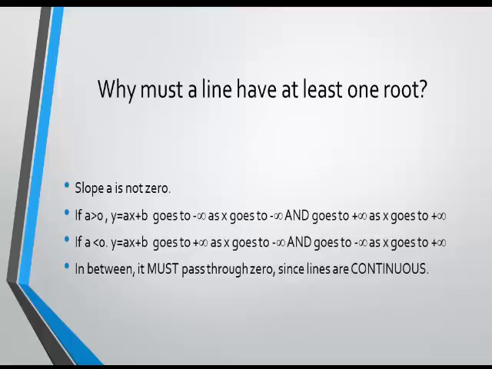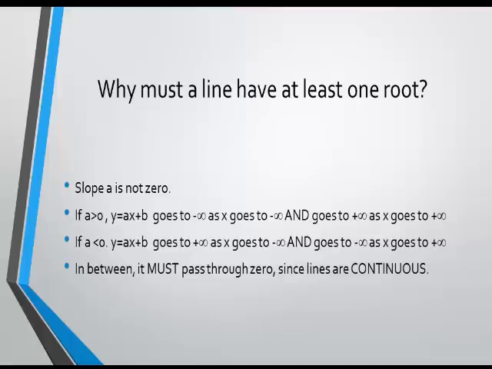So if a is greater than 0, then we go by logic: y equals ax plus b. This is the standard positive slope. So the line must be minus infinity at x equals minus infinity, and it must be plus infinity at positive infinity. It must pass through 0. If a is negative, then the same thing applies in reverse. You start at plus infinity, you go to minus infinity.